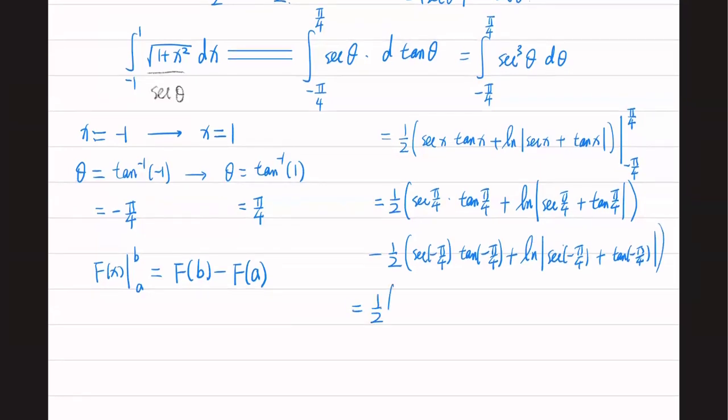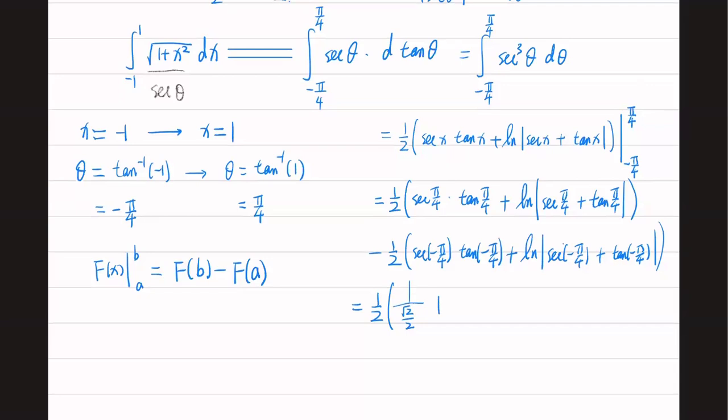Simplify. Secant of π/4 is square root of 2, 1 over cosine. Tangent is just 1. Logarithm. I will simplify the square root of 2 plus 1. Subtract 1/2. This is the same thing, with negative 1.